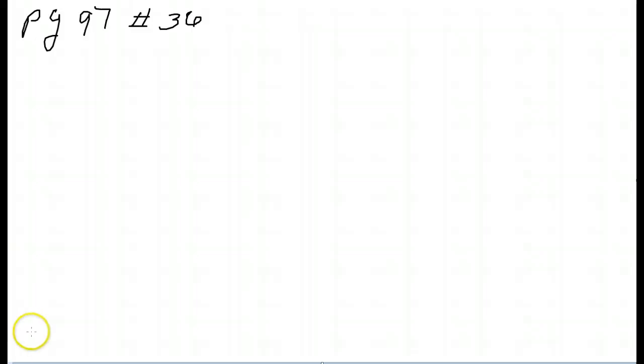Alright, today we're going to be looking at a piecewise function found on page 97, problem number 36 of the pre-calculus book.